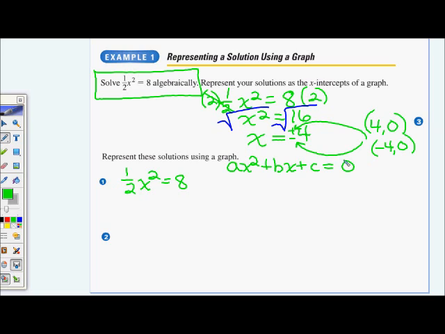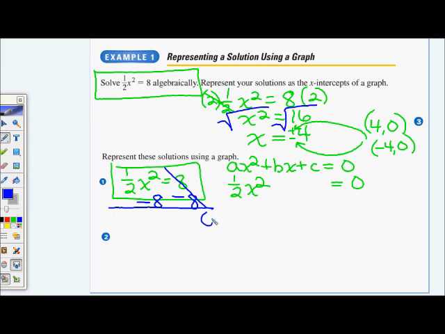I do have my x squared term. This particular equation does not have a bx term, but it has a constant. However, my constant is in the wrong place. If I want it to equal 0, I need to do another step first. So to get it to equal 0, I need to subtract 8 from both sides.